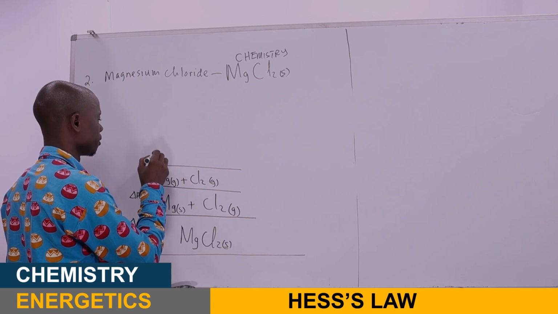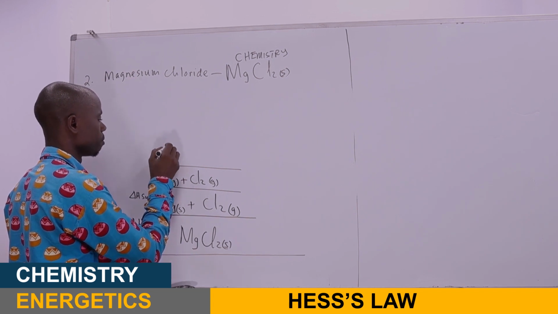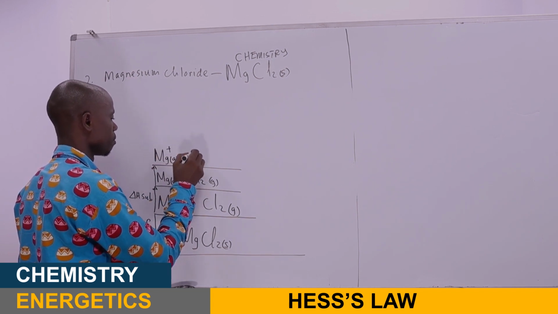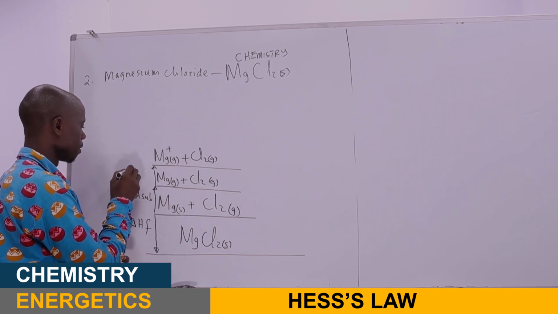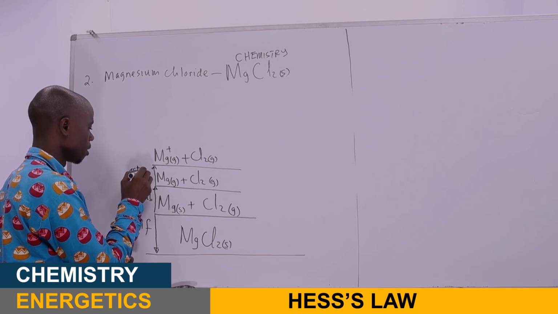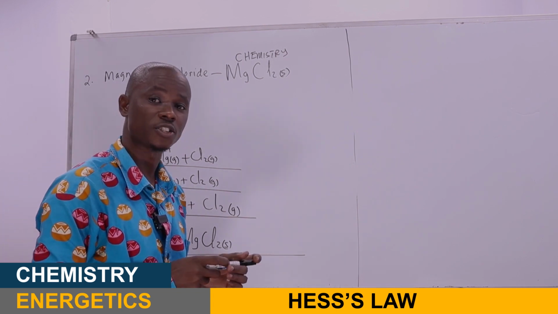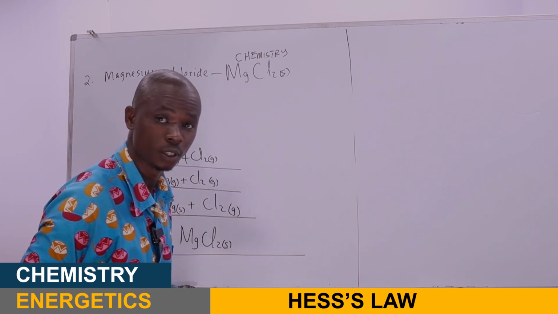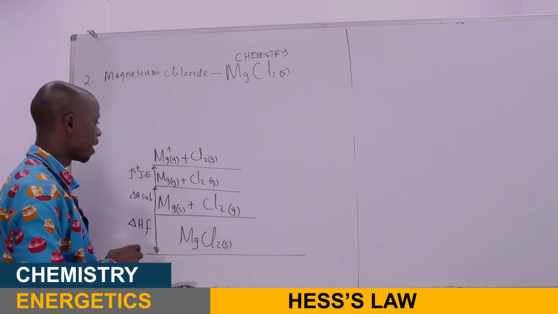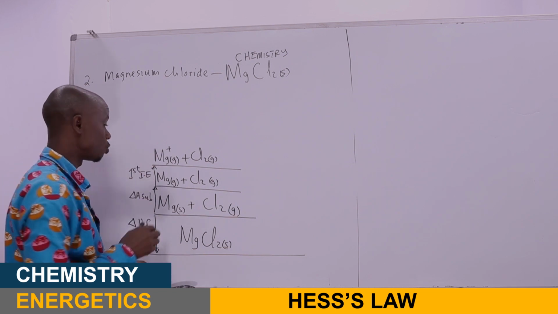So the first one is the first ionization energy. That means 1 electron is lost from 1 mole of gaseous magnesium atoms. From there, the second electron is also lost.